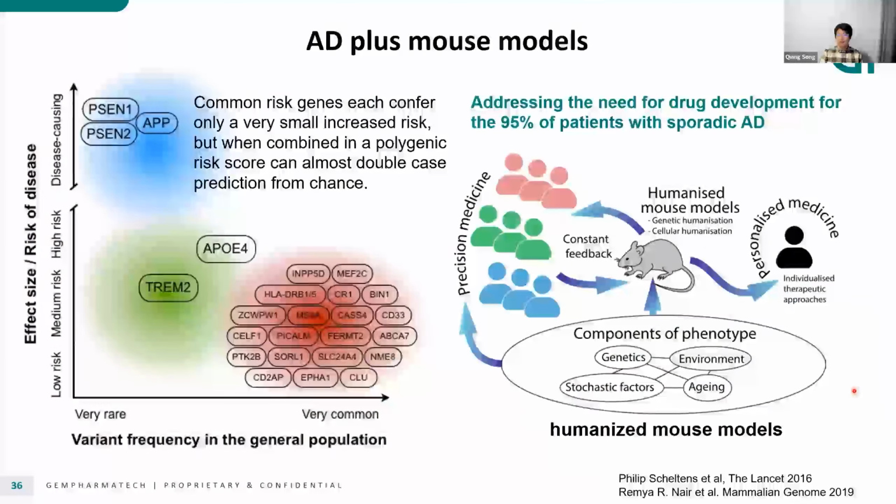There are many risk factors that have higher frequency but less effect in inducing Alzheimer's disease, and most of them are found in sporadic AD patients.